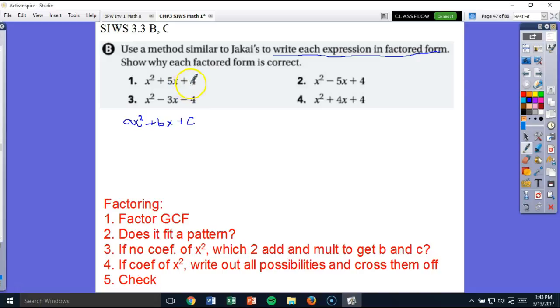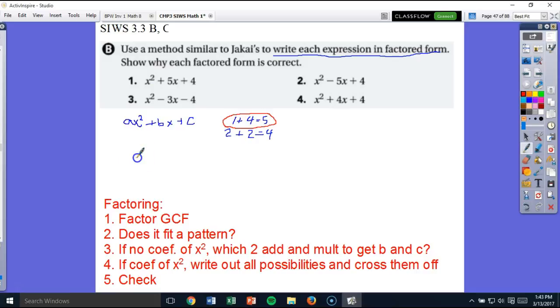So options for factoring with 4 are 1 and 4, or 2 and 2. Well, we need to be able to add numbers together to equal 5. Well, 1 plus 4 equals 5, and 2 plus 2 equals 4. So we are going to need to use the factors 1 and 4 to write out our equation.